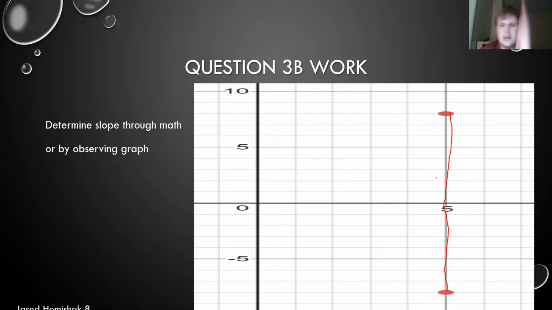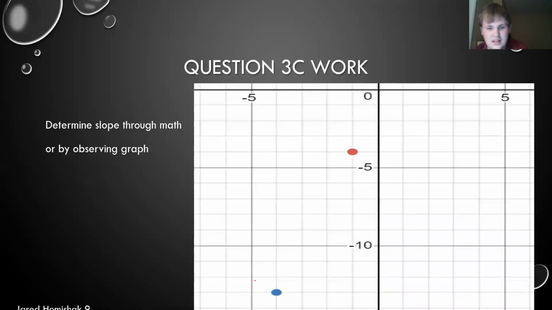It just stays moving upward and downward, so it just stays vertical in this case. And then 3c, this one is sloped yet again. We go up and then we go to the right. So for the last one, you just go upwards to the right.